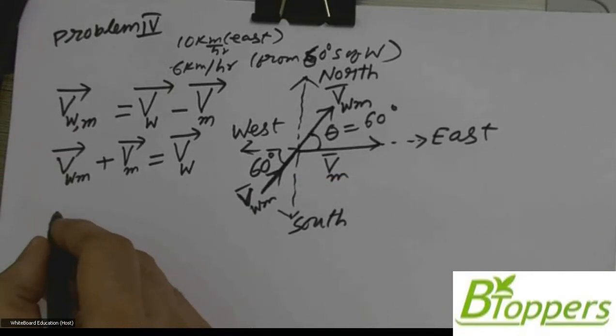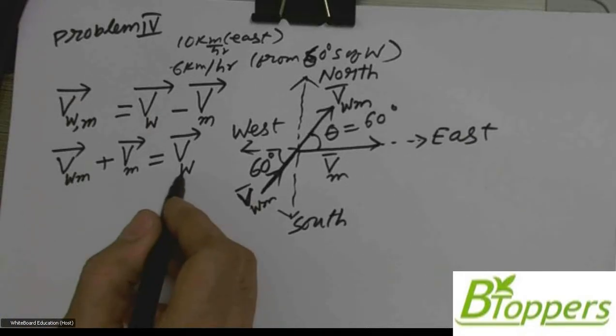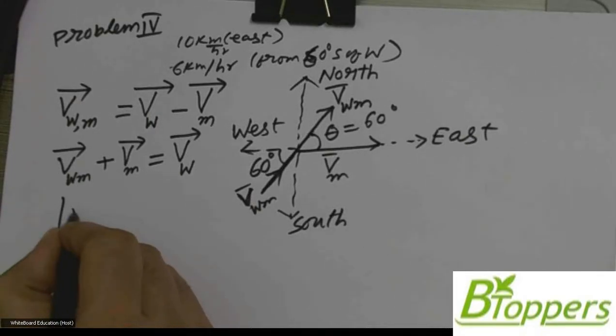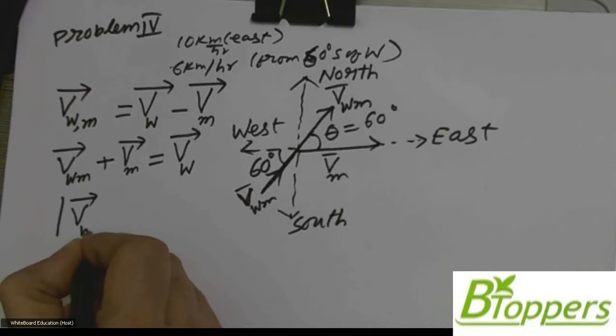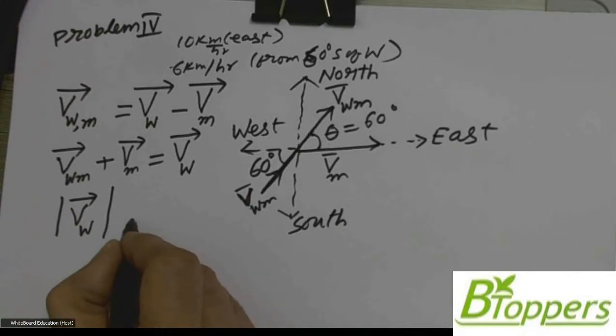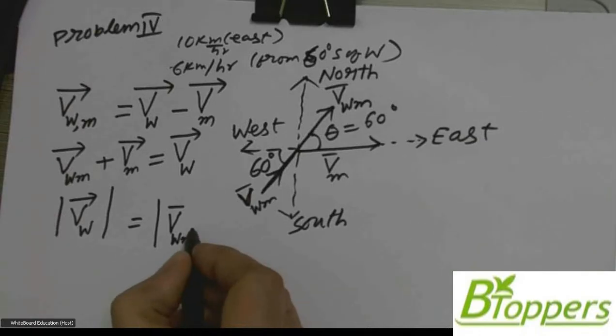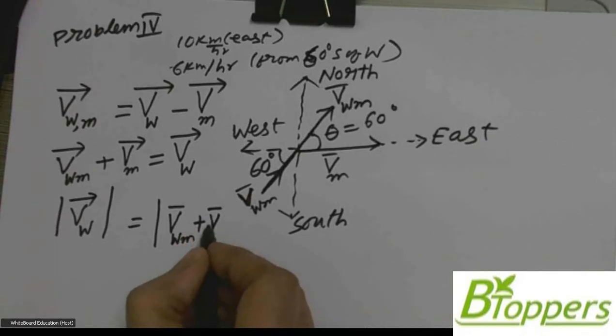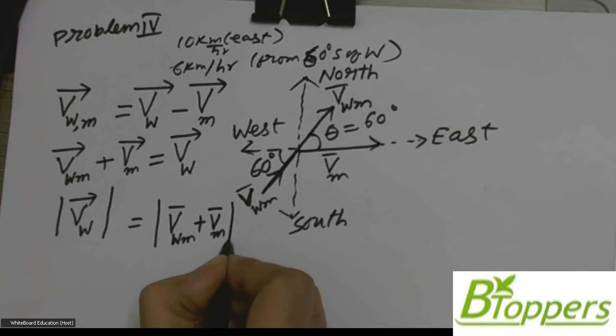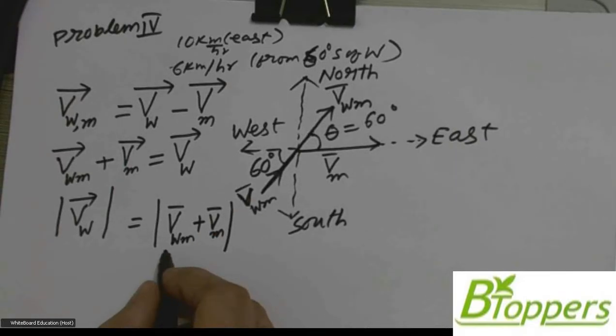Next, we use the formula for the magnitude of the vector sum. From this equation, the magnitude of the actual velocity of the wind is equal to the magnitude of the vector sum of V bar Wm and Vm bar. So we are going to use the formula for the magnitude of the vector sum of two vectors.